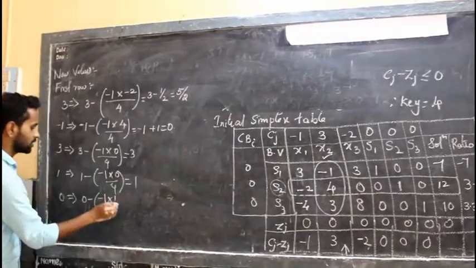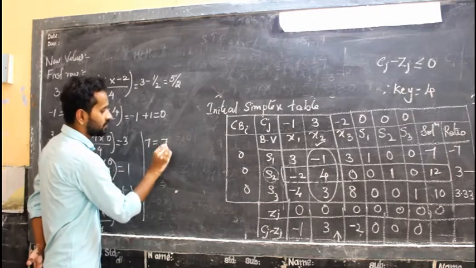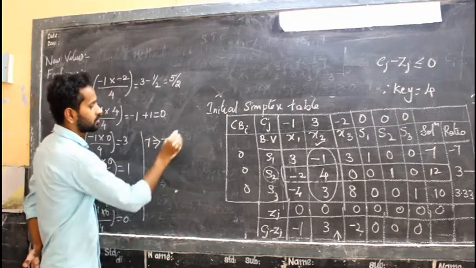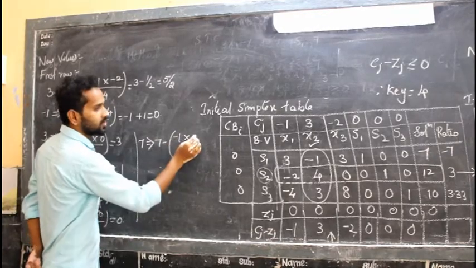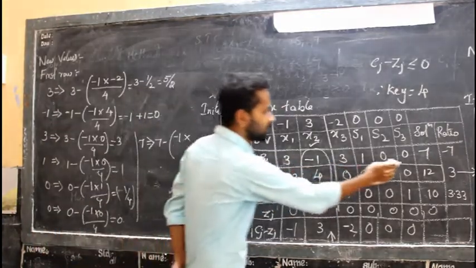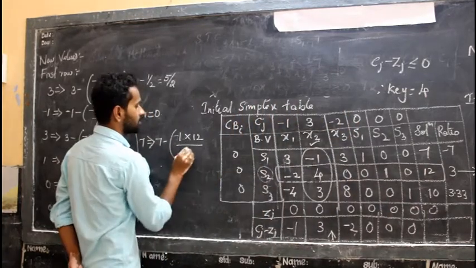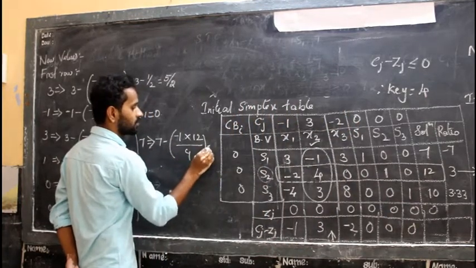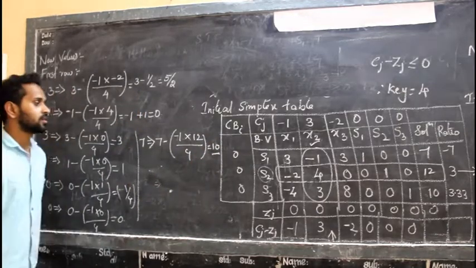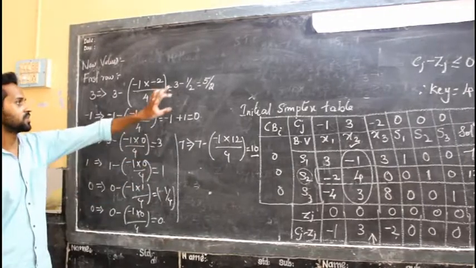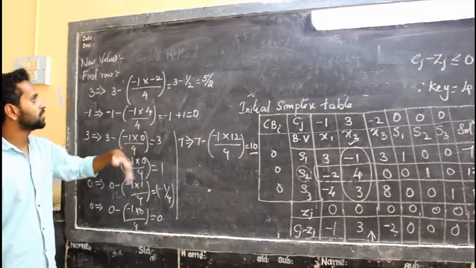So 1 divided by 4, answer is, now for 7 minus key corresponding column value is minus 1 into key corresponding row value. Key corresponding row value is 12 divided by 4. Answer will be 10. Now the first row I am going to replace by these new values. Is it clear?